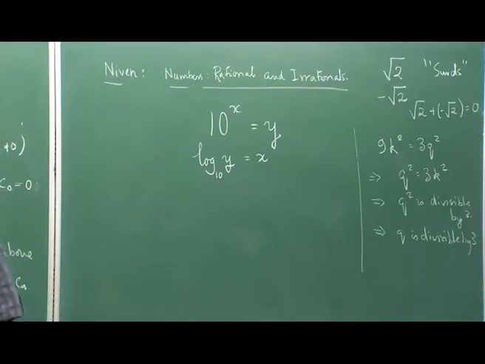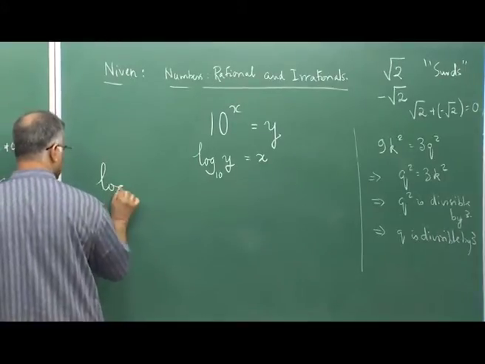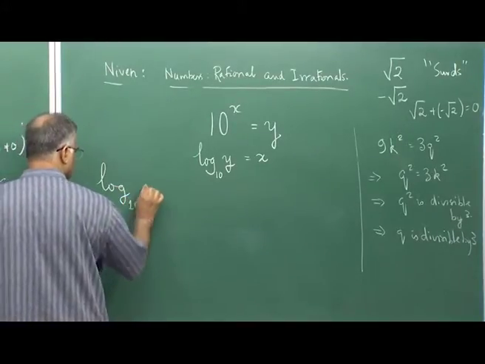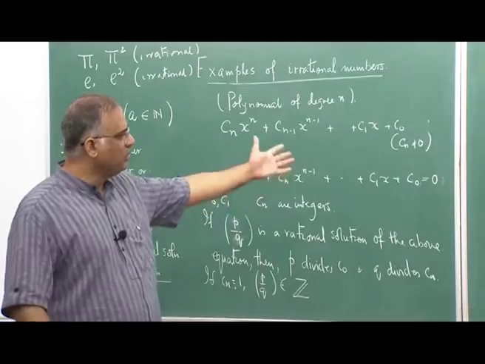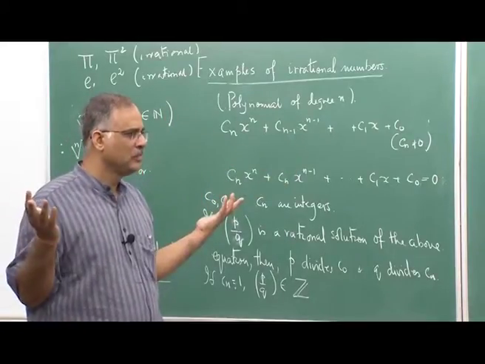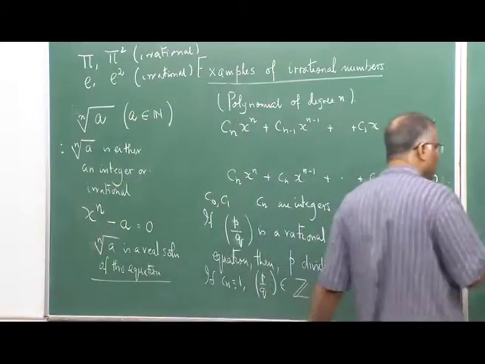Now, I ask you a very simple question. If you look at Napier's logarithmic table, they will give you point something something, but that will be just an approximation. I am asking, is log 10 of 2 rational or irrational?